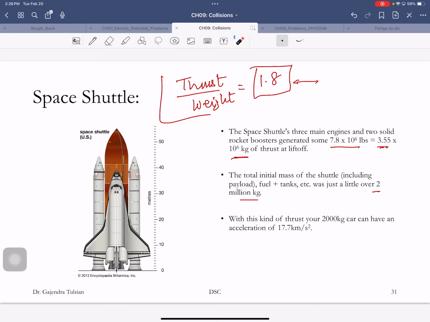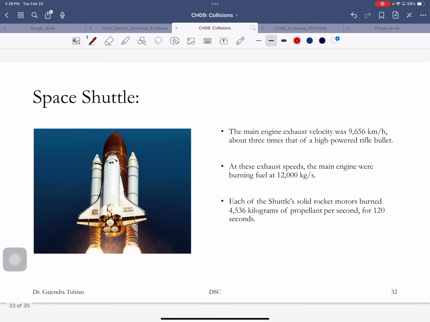You saw that for the thrust, m dv by dt, it was ve times dm by dt. This was the burn rate, and this was the exhaust velocity. So here are some of the exhaust velocities. This is the main engine of the shuttle. These are the solid rocket boosters.